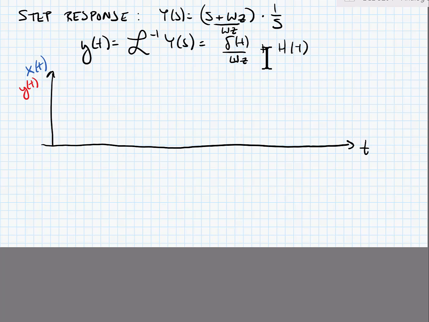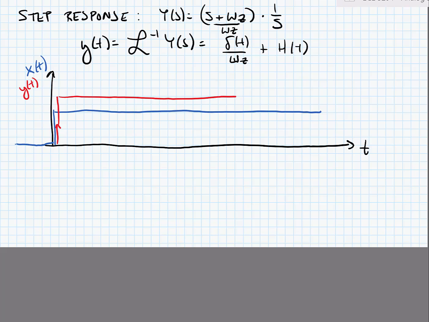In other words, it's an impulse divided by omega z plus h of t. So if we put our input step function, x of t, into this system, what we expect to get out will be, at time 0, an impulse, and then an immediate step, and then the output will settle to a constant value.